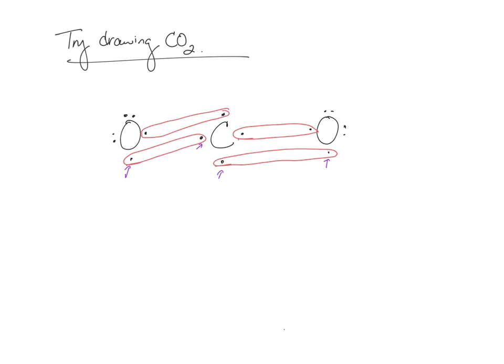Remember, between each of the two atoms, I can have up to 3 pairs of electrons being shared. So it turns out carbon is double bonded to each oxygen. So now I'm going to go ahead and replace those with lines. All right, and thus I have now drawn out CO2.